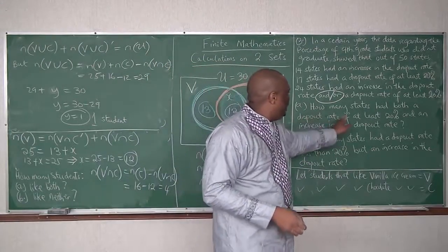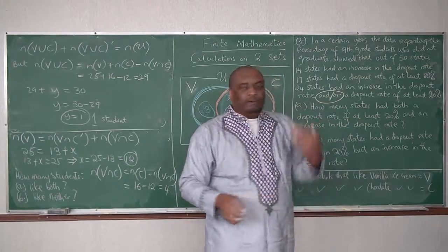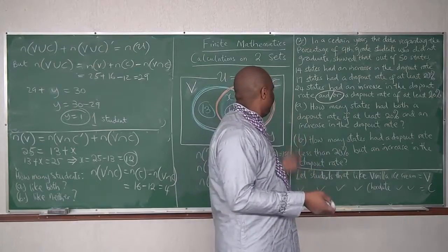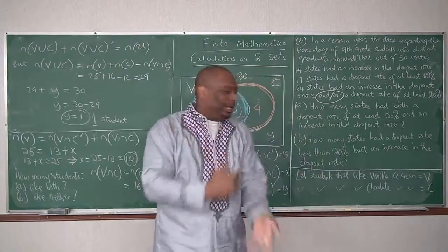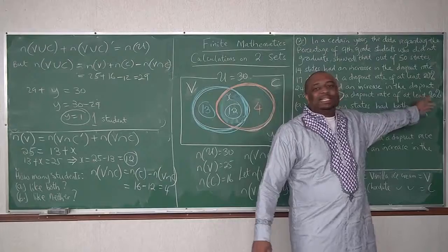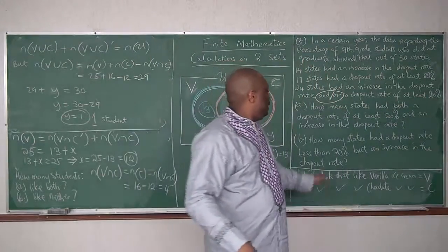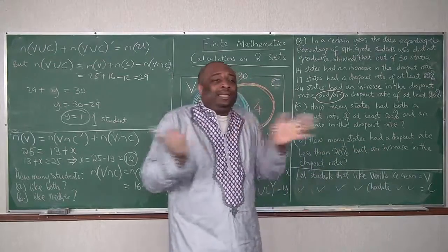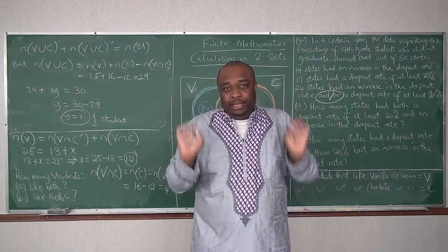So A says: how many states had both a dropout rate of at least 20% and an increase in the dropout rate. B: how many states had a dropout rate less than 20%? You see, less than 20%, okay. Here, at least 20% means 20% and above. Now, the less than 20%, but an increase in the dropout rate, so that tells you that it's an increase in dropout rate only.